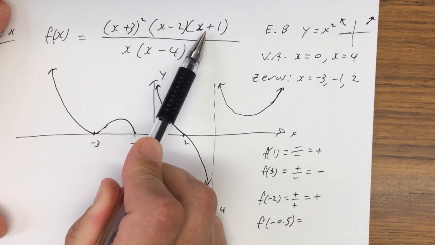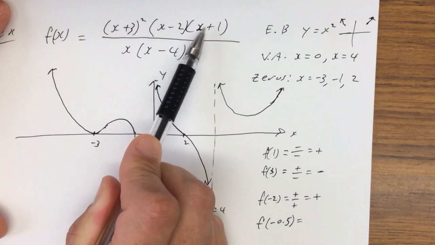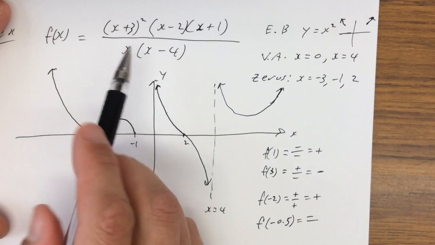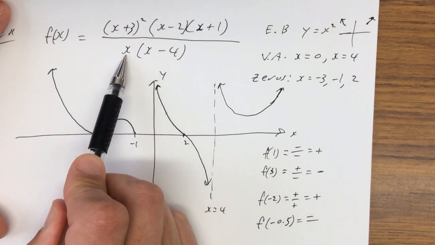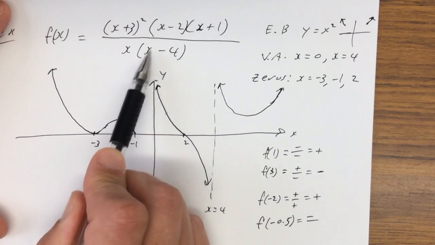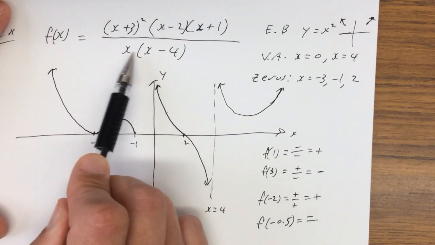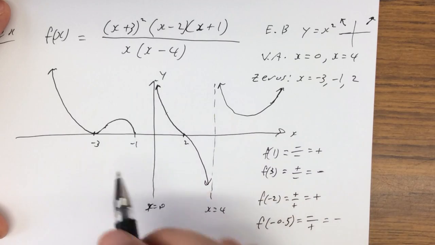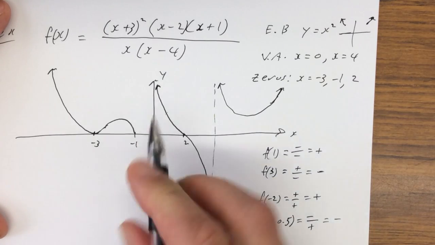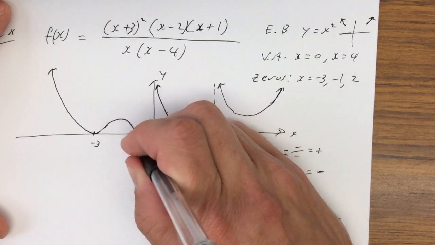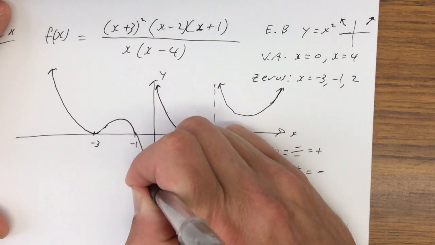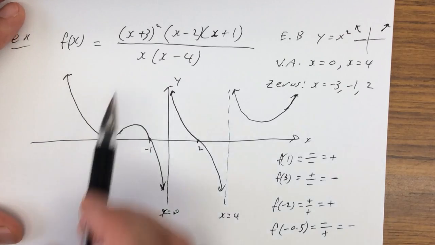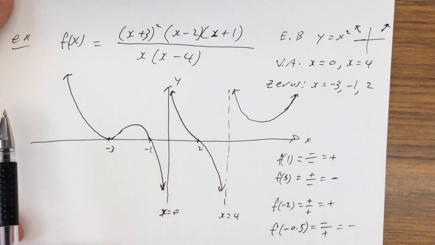Negative 0.5 here is positive for this factor. So a negative times a positive is a negative. And then at the bottom, negative 0.5 here, negative 0.5 here makes that negative. Negative times a negative is a positive, which equals a negative. So f of negative 0.5 is negative, so it must come down to the asymptote that way. And that would be the graph of this function sketched as much as we know.